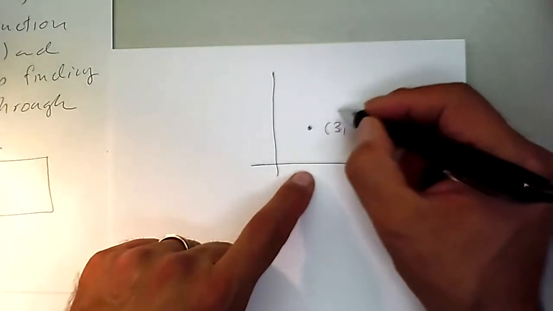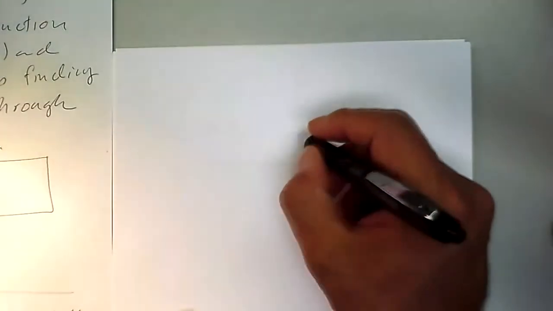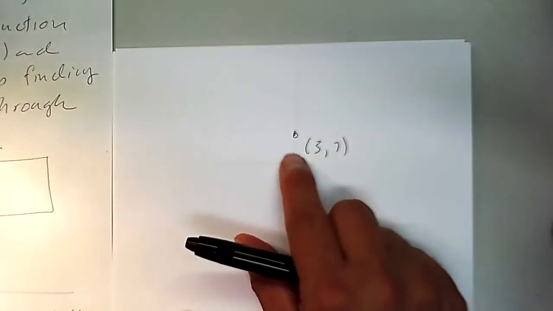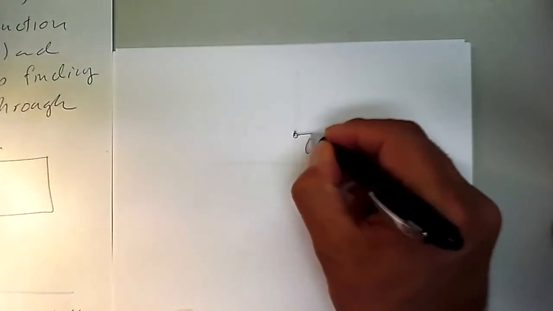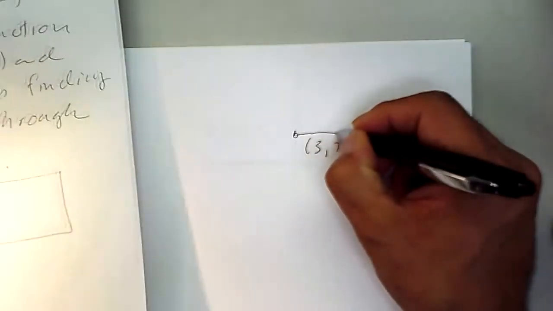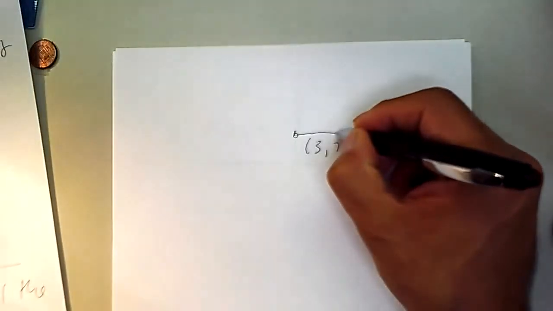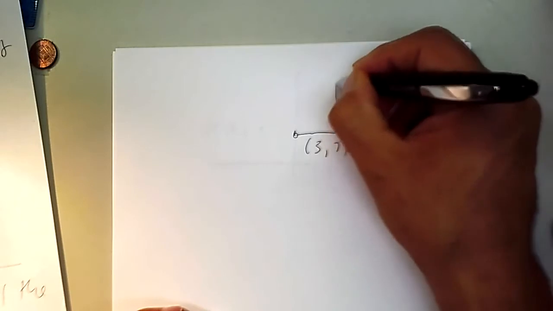So 3, 7, that's not necessarily a good point. Let me start over. I'm just going to put a point here. 3, 7. And then we go 2 over, 1, 2. And then to get to 5, and then 5 up. 1, 2, 3.